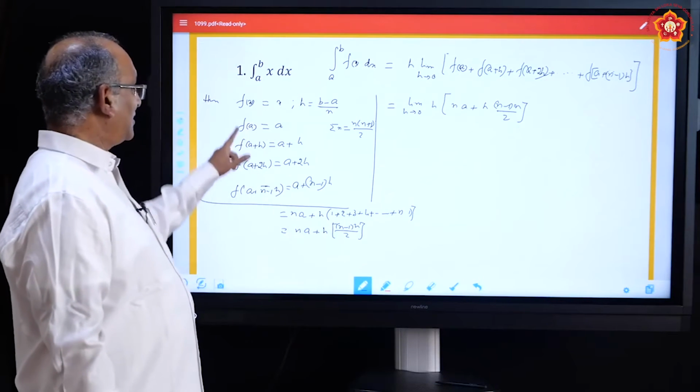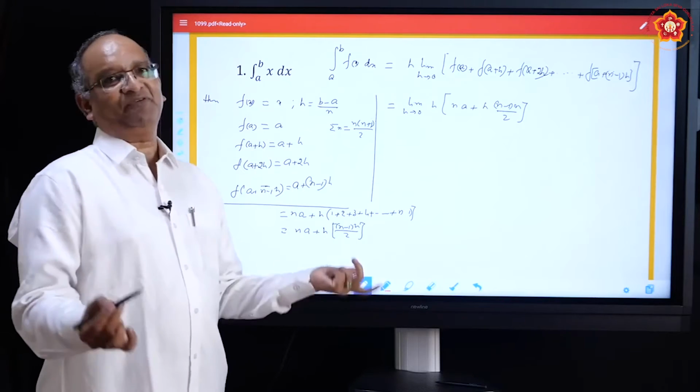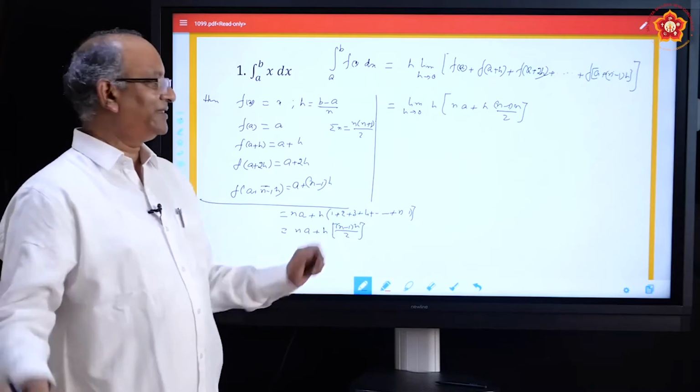Whatever total we got of all these left hand side terms, we wrote it there. Just simplify in two steps, and you get the answer.